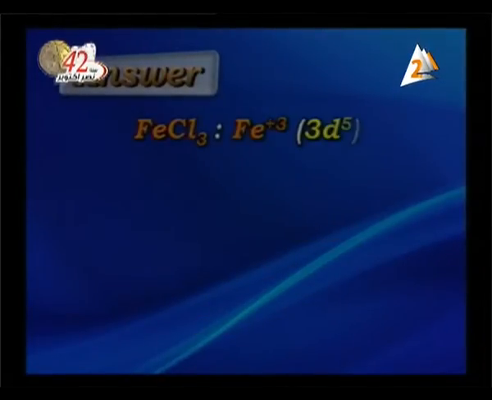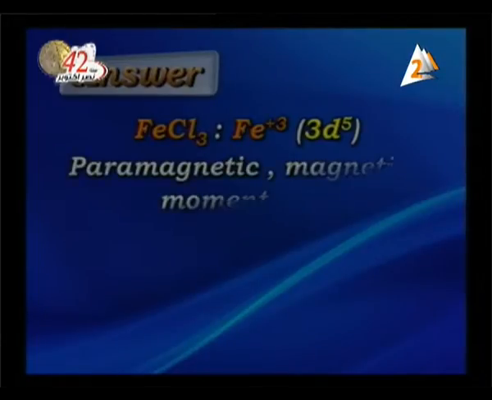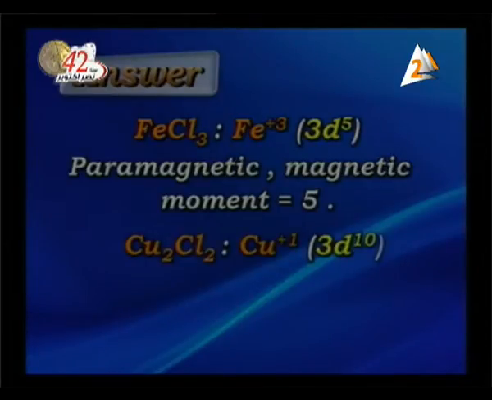The answer: in iron 3 chloride, the iron ion has oxidation state positive 3. That means it contains 5 unpaired electrons in the d sublevel. So it is paramagnetic and has magnetic moment equal to 5.